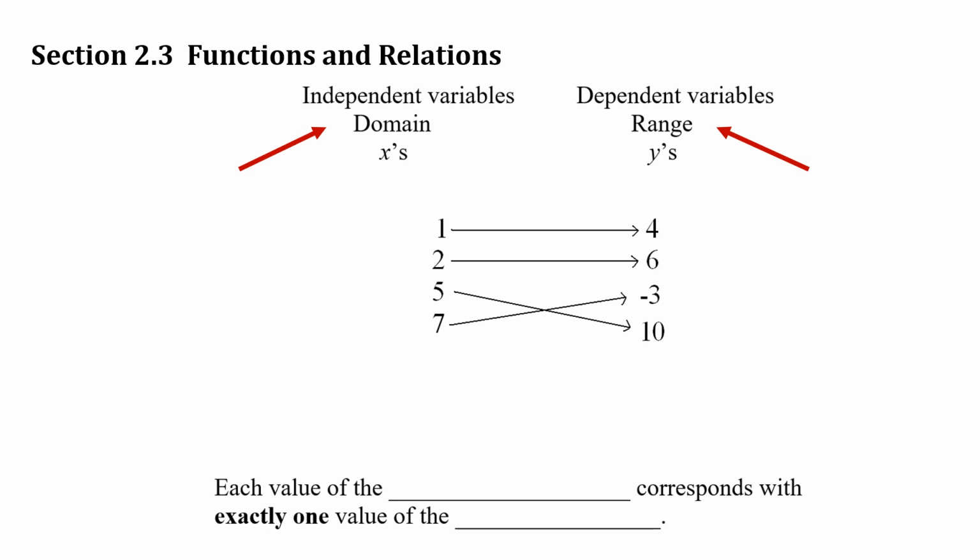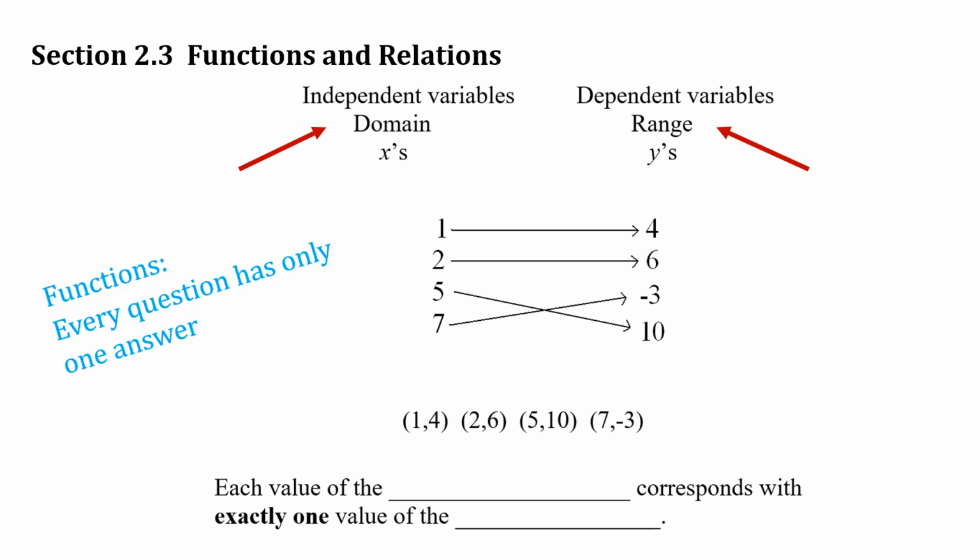That's the stuff that I say. The dependent variables, that's the response. That's what you say back. Depending on what I say, you have to say the right answer. So I'm independent. I could say whatever I want, any one of these numbers I could pick. But you're not independent. You have to say the responding number. For functions, every question has exactly one answer.